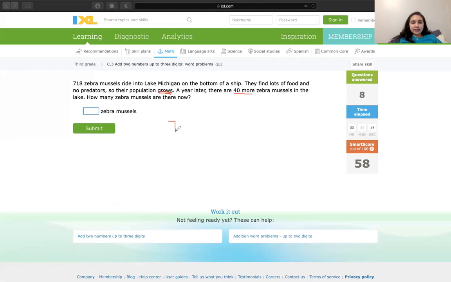So we have 718, and a year later there are 40 more. More is addition. So we do 718 plus 40. 8 plus 0 is 8. 1 plus 4 is 5, and then we bring down the 7. So it's 758.